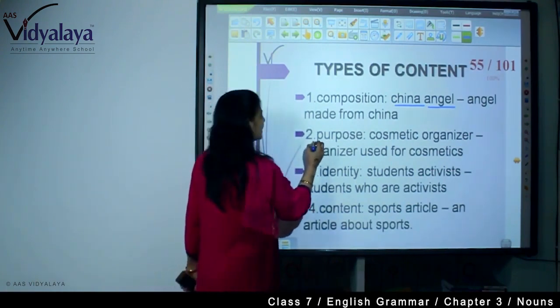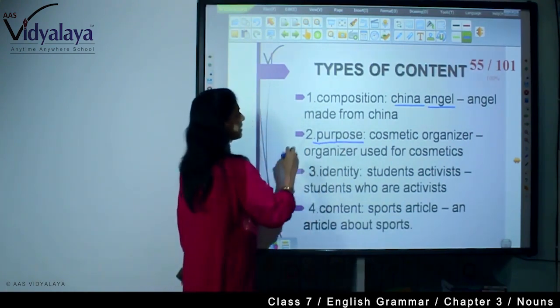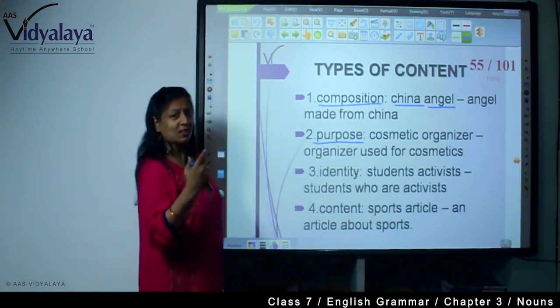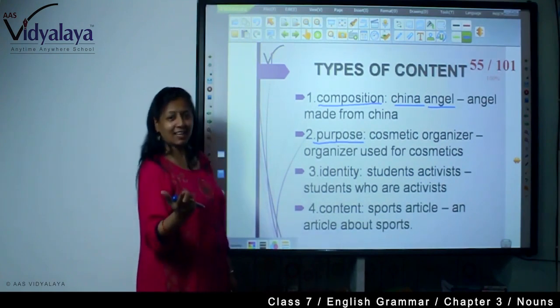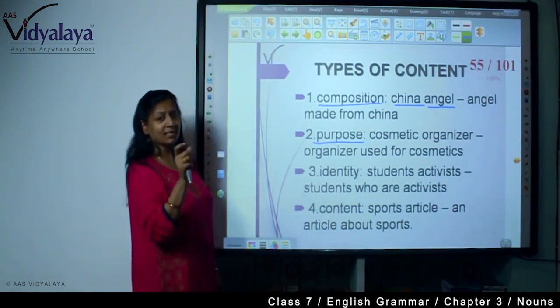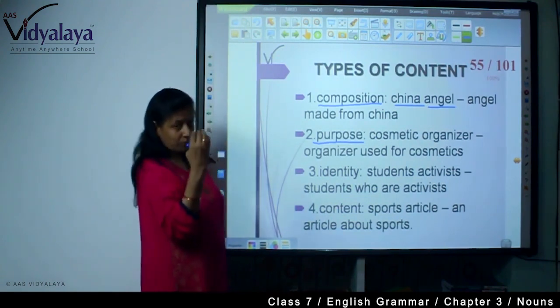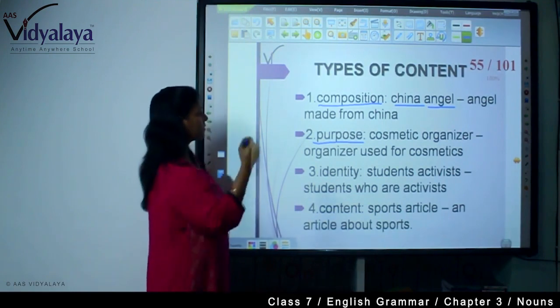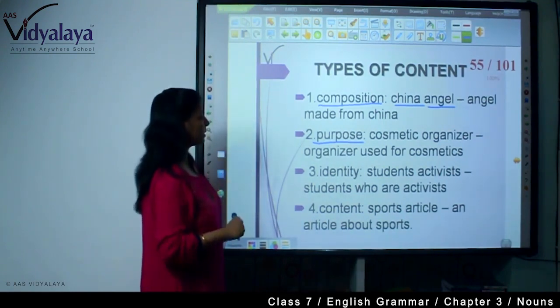Now, second is purpose. You have seen that for composition we use China clay, right? We use modifiers. First is the composition, second is the purpose.